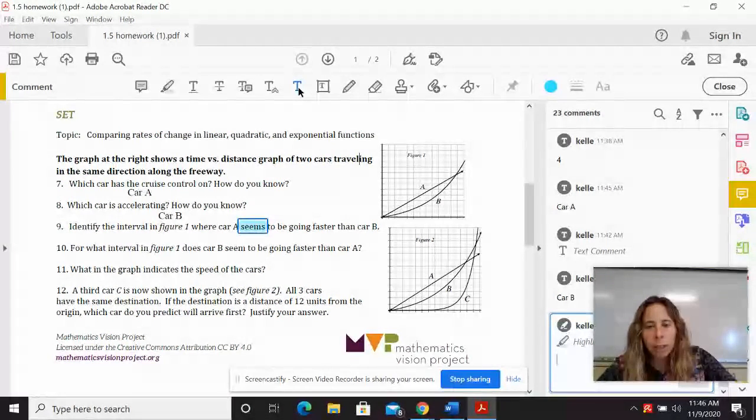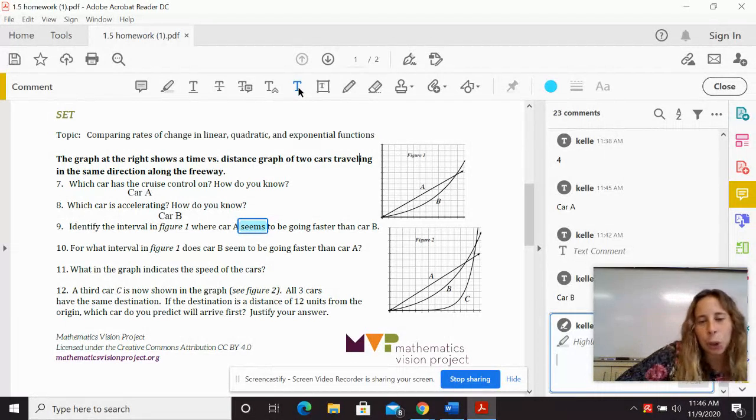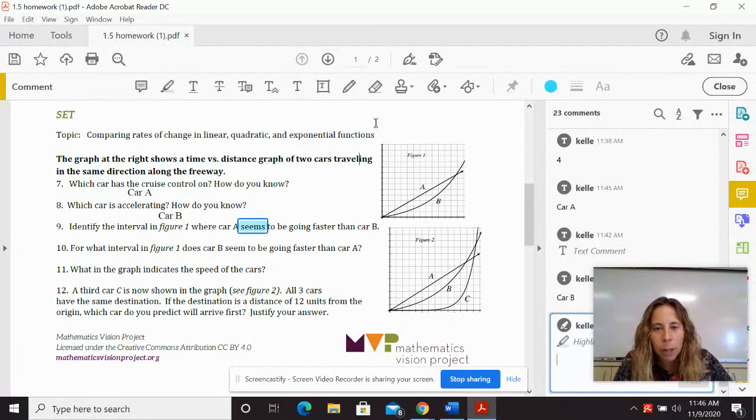So pretend that you are a little ant, and you're crawling up these lines. If you're crawling up line A, you're crawling up a constant hill.